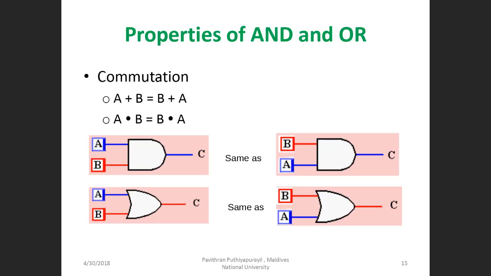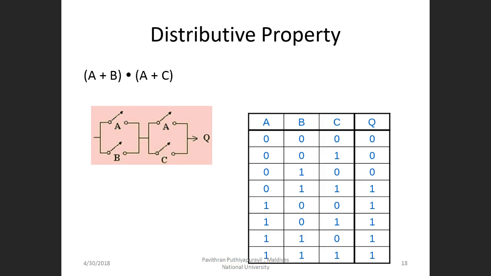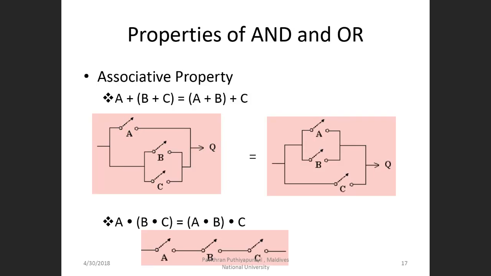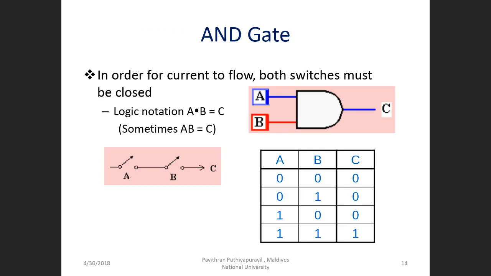Okay. Then yes, these properties we will discuss in the next class. Commutative property, then associative property, distributive property, then binary addition we will see in the next class. Any confusion till now? Okay, so please revise whatever I have discussed till now.